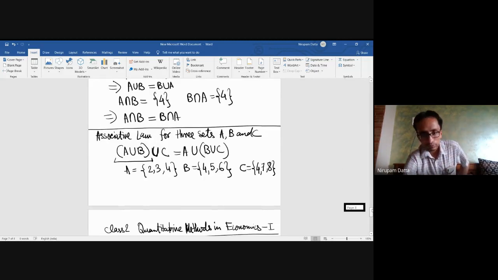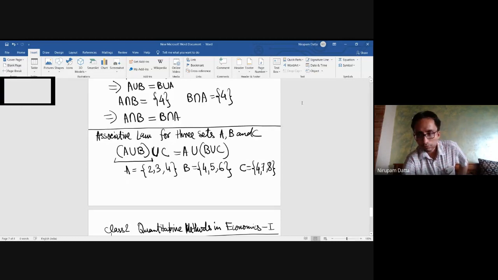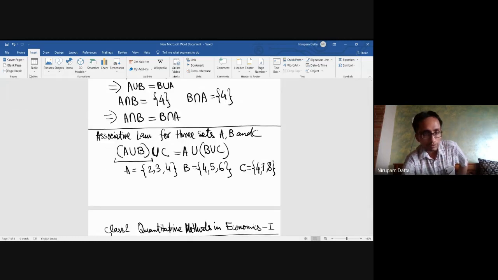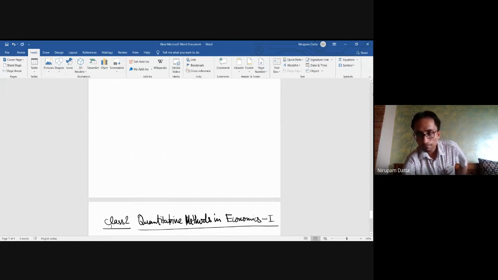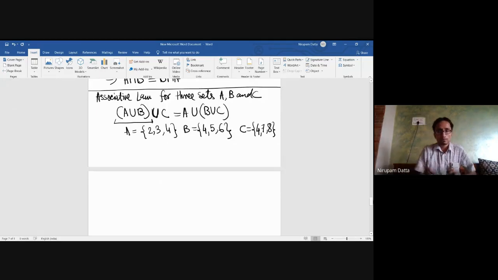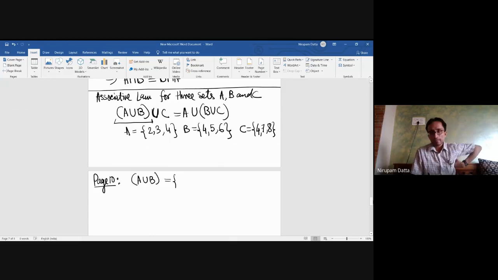So first let us find A union B. Elements that belong to either set A or set B: 2, 3, 4, 5, 6.